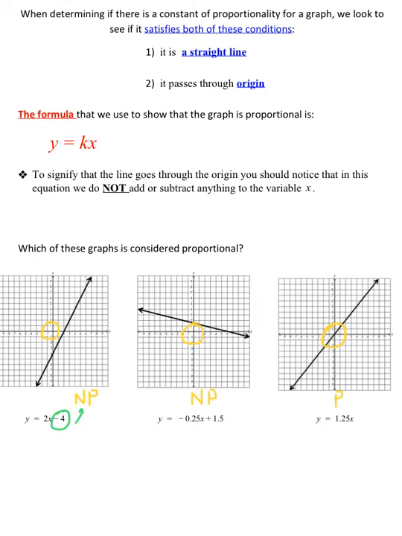On the next equation, y equals negative 2x plus 1.5. Because of that plus 1.5, that's why it is non-proportional. On this third example, it says y equals 1.25x, and that's it. There's nothing over here, which means it doesn't have any extra adding or subtracting, and it is then proportional.